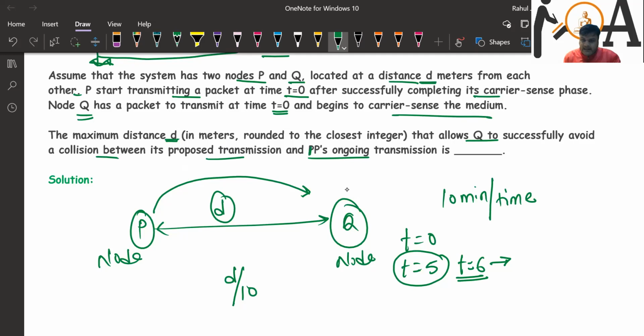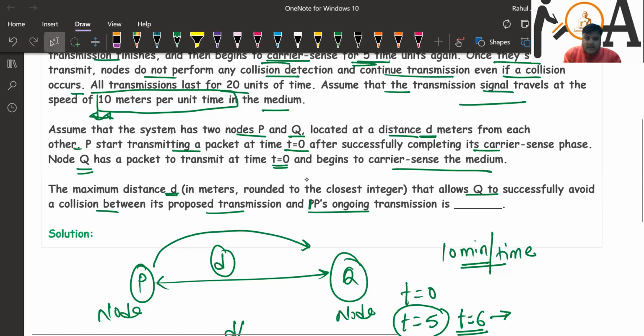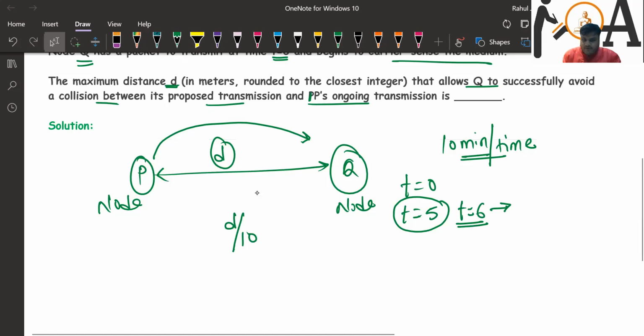Why d divided by 10? Because the transmission signal is going at the rate of 10 meters per unit time. It should be less than or equal to 5.